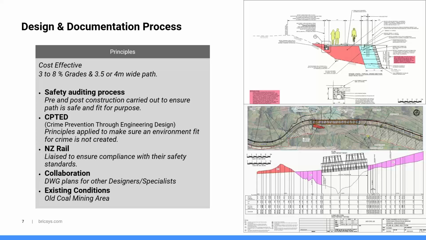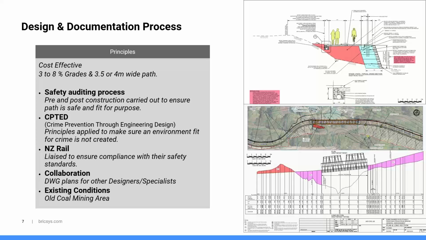With this project, of course, there are pre and post construction safety audits, to ensure that the path is safe and fit for purpose. We also try, as best we can, to provide a design that isn't conducive to crime.